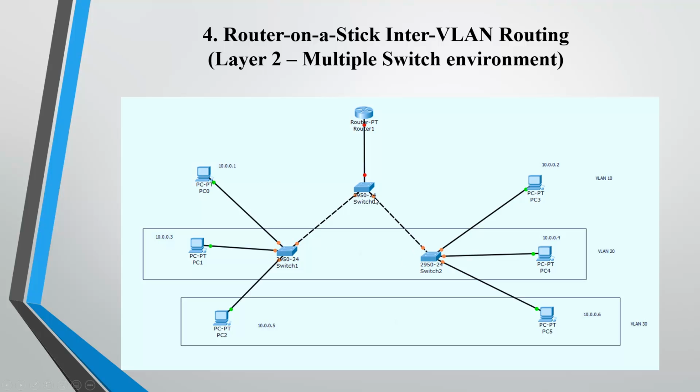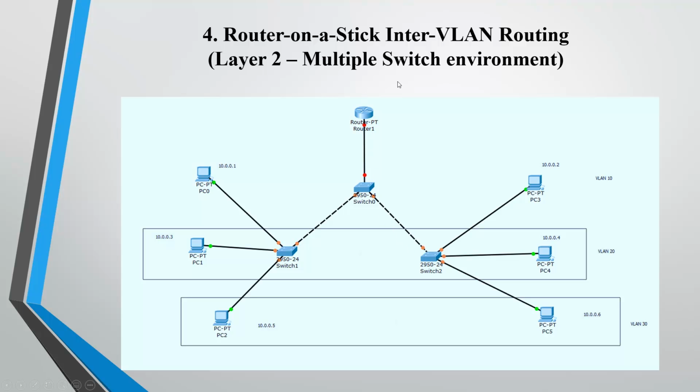In this case you have to be very careful in creating the trunk. Switch 1 to switch 0 and switch 0 to router 1, this is going to be the trunk. Also from switch 2 to switch 0, this place is also going to be the trunk.